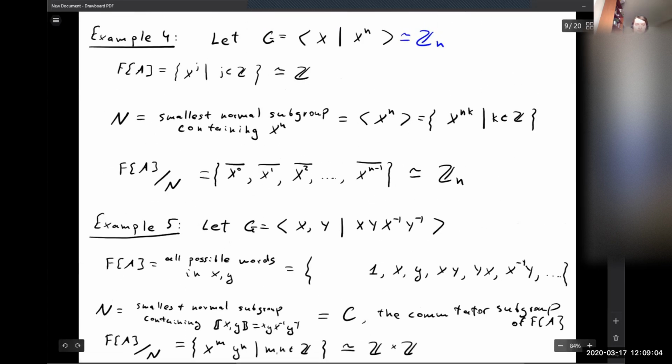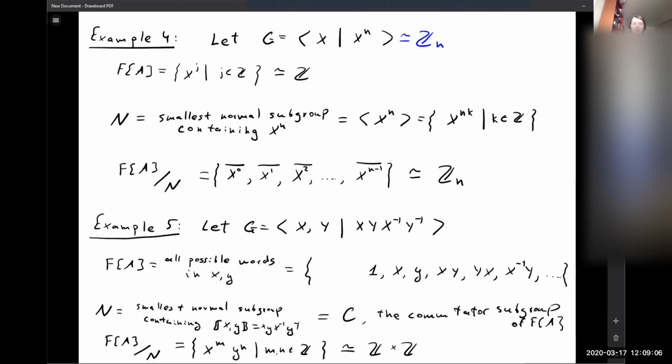Really quickly, could you go over one more time how you formed that F(A) quotient N group? I'll just give a sketch, because the full proof, as you might guess, will take a while in this example.